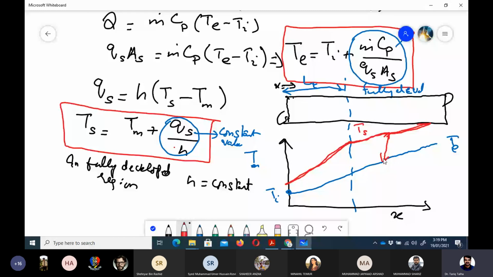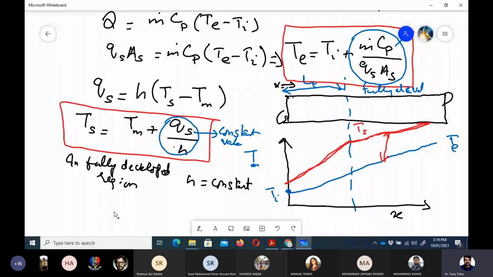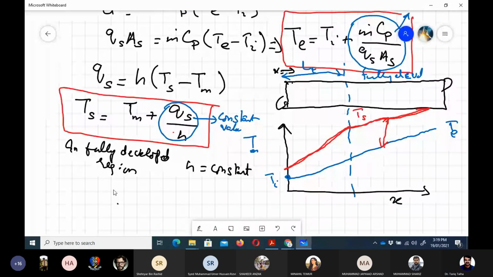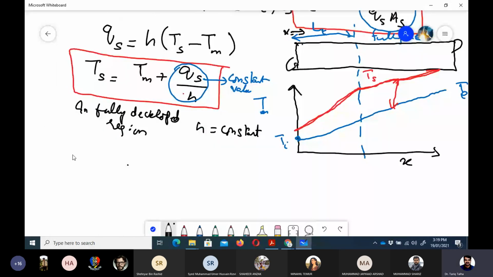So if we talk about steady laminar flow, and we want to know the slope of this line along x, we need to determine, for the fully developed flow, dTs upon dx, which would be equal to dTm upon dx, because this is the mean temperature at inlet and outlet.